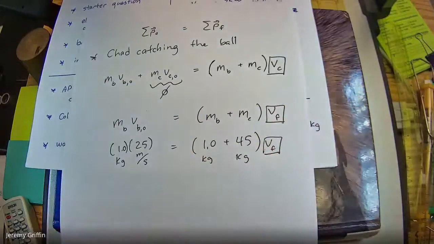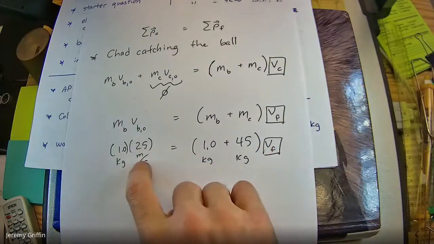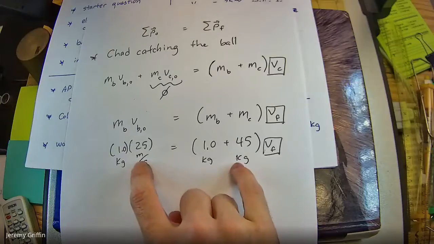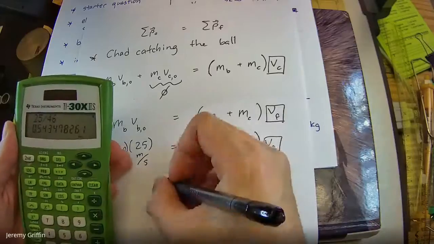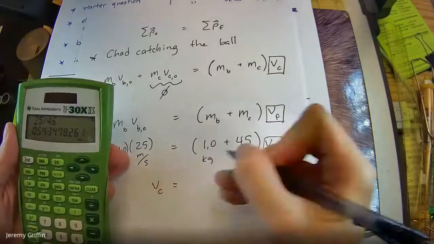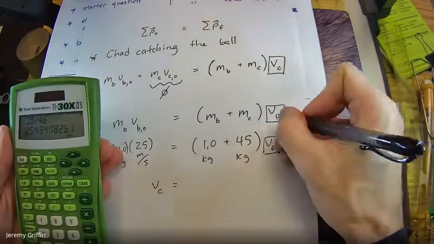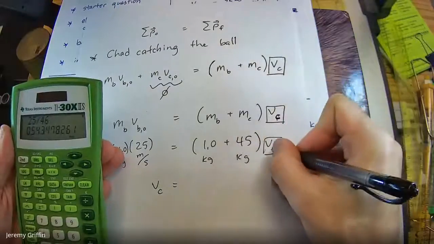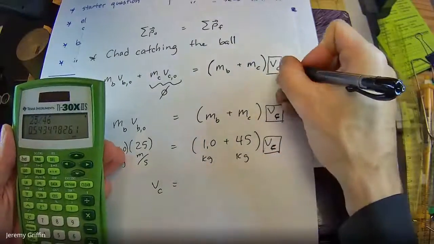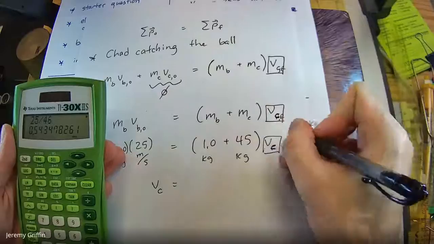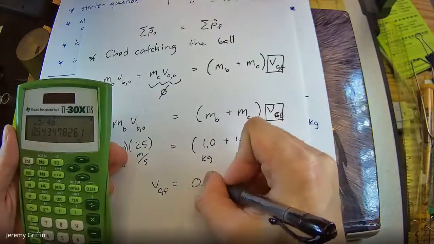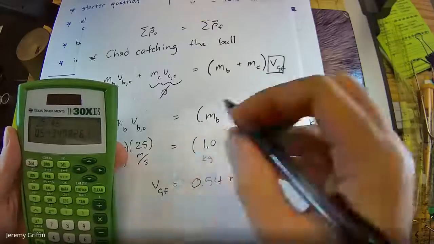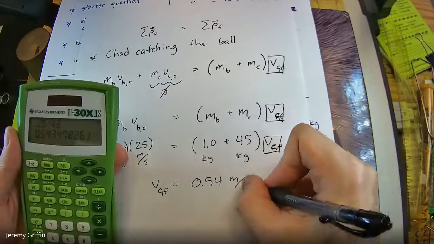So really it looks like 25 divided by 46, and then all the units play out. So velocity final for Chad is 0.54347 something meters per second.